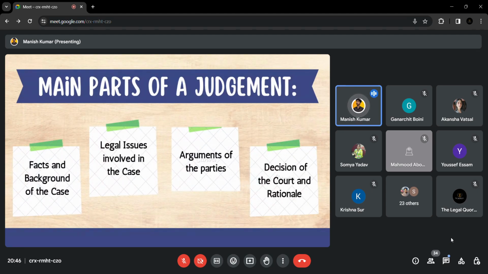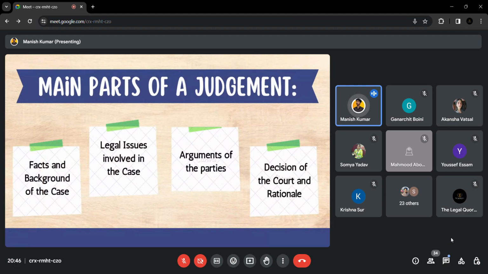Secondly, the legal issues involved in the case. In any case, there are two parties, and there must be some points where the two parties are not agreeing. Like there is a point at which both parties present different opinions. That is something called the legal issue.